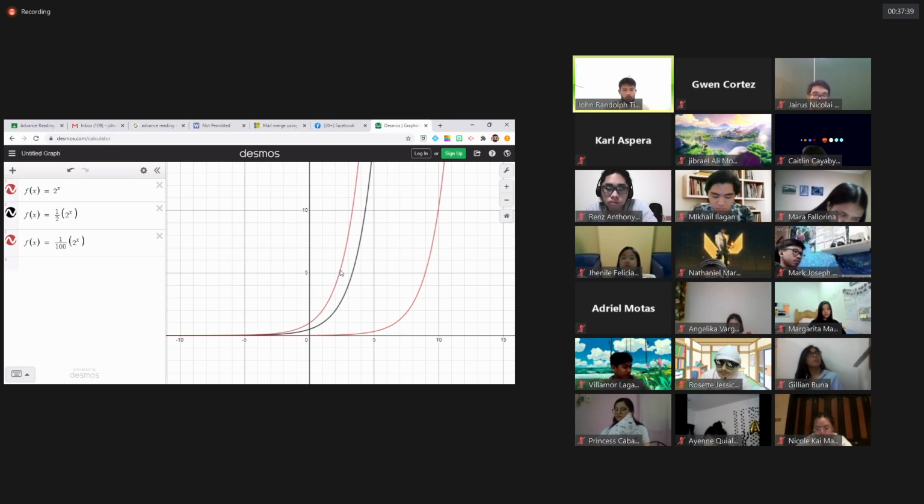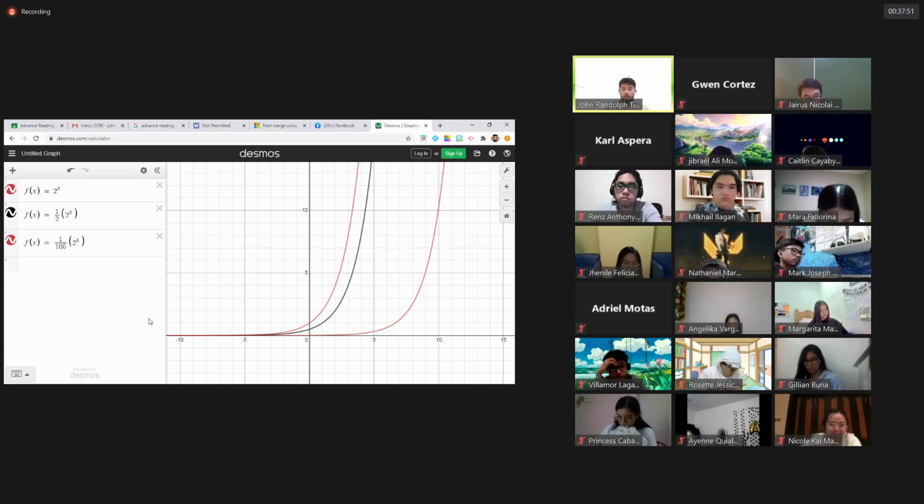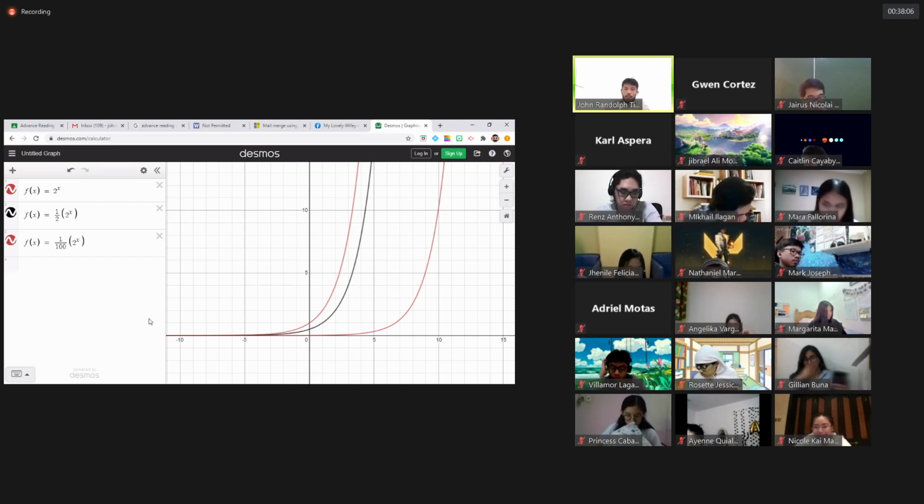Okay. Let's go to page 120, guys. We are given equation 1, and then we are given equation 2, and we try to identify the transformation done to equation 1 that yields the graph of equation 2. Page 120, letter A. Without looking, do not look at page 121.